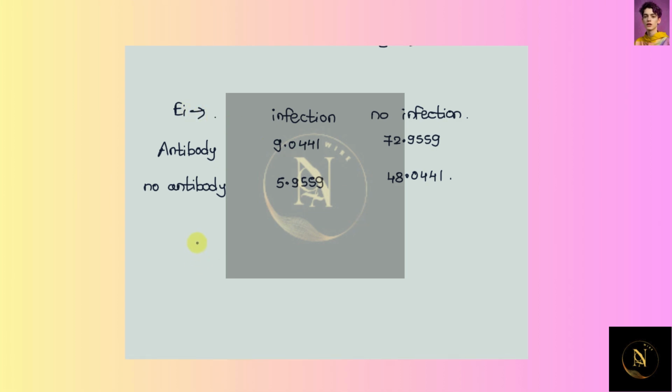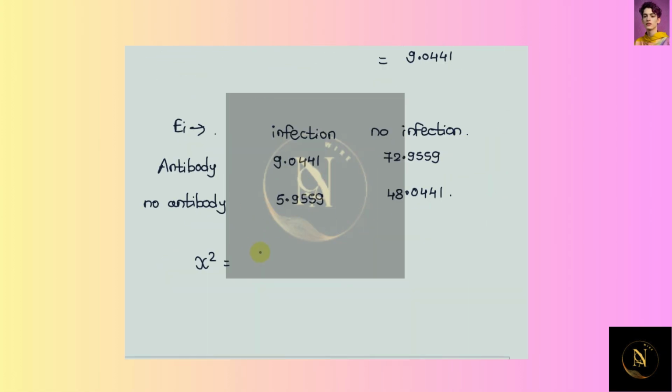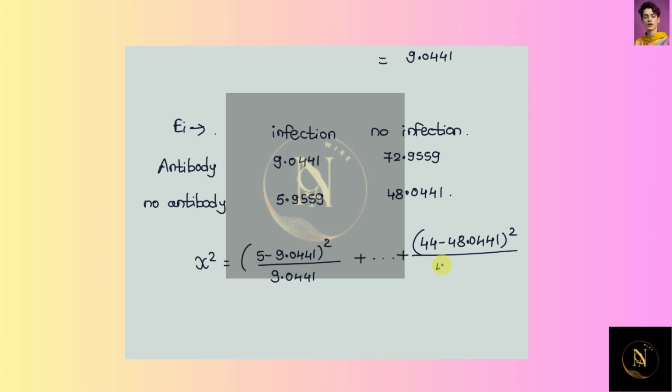Now by using this we can compute the chi-square test statistic. The first observed frequency is 5 minus its corresponding expected frequency 9.0441, squared, divided by the expected frequency 9.0441, plus and so on up to the last observation, which is 44 minus 48.0441, squared, divided by 48.0441.